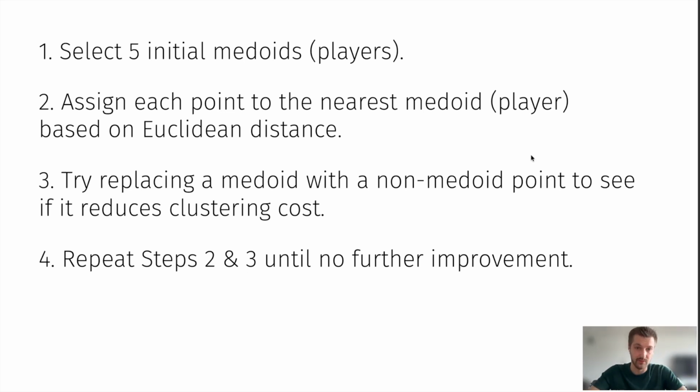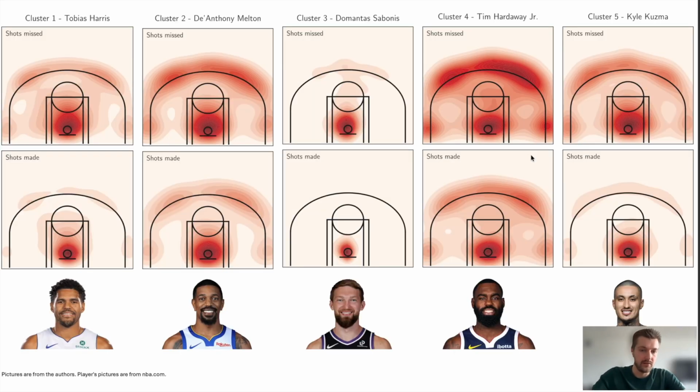The idea is to assign each player to the nearest centroid, the nearest player, based on some Euclidean distance. Then we recompute the medoids, and we do that again and again until the algorithm converges. And so I found this result.